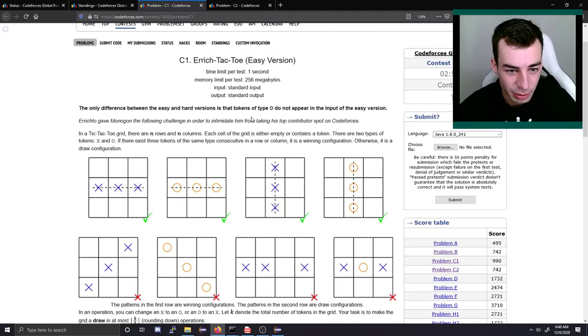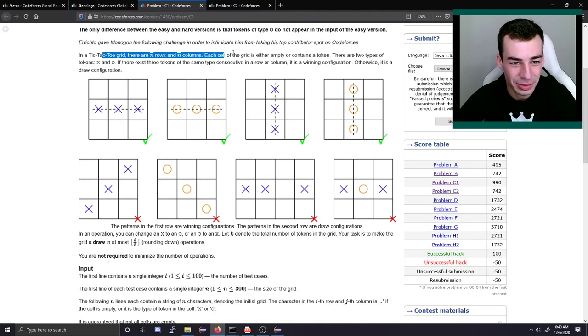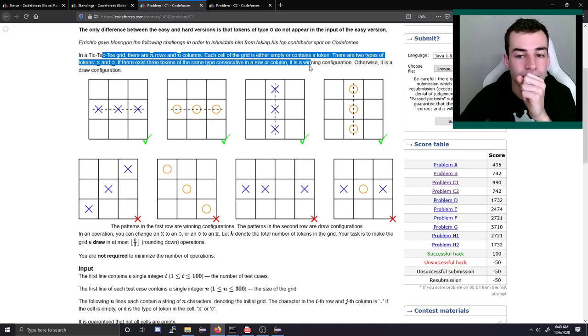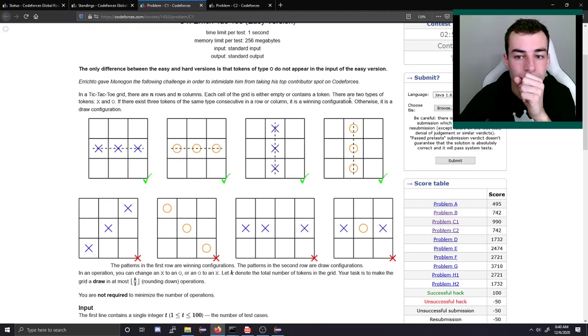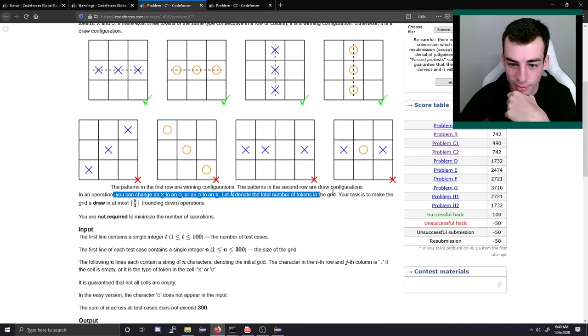Ericto gave Monogon the following challenge in order to intimidate him from taking top contributions on Codeforces. There's a tic-tac-toe grid with n rows and n columns. Each cell on the grid is either empty or contains a token. There are two types of tokens, X and O. In one operation, you can change an X to an O or an O to an X. Let k be the total number of tokens in the grid.